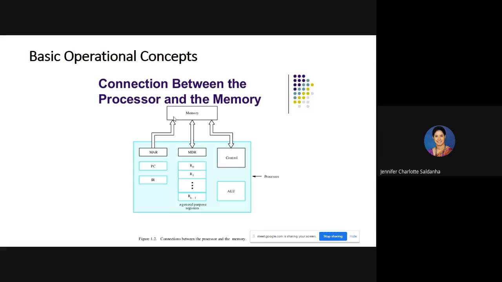MAR holds the address of the location in which this data has to be placed, and then the control unit will generate a memory write operation. So the control unit will generate a memory write signal, and that is sent to memory. In the control bus you have a memory write signal, which is transferred to memory. MDR has the data which is sent to the memory on the data bus. MAR has the address of the memory location into which this data has to be stored.